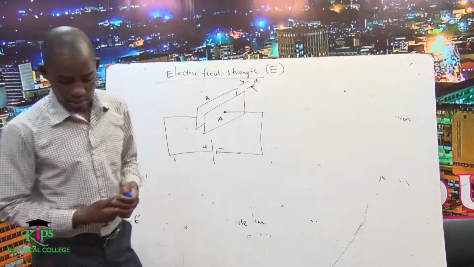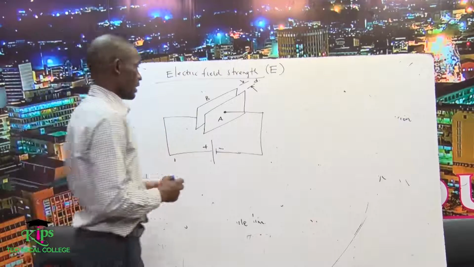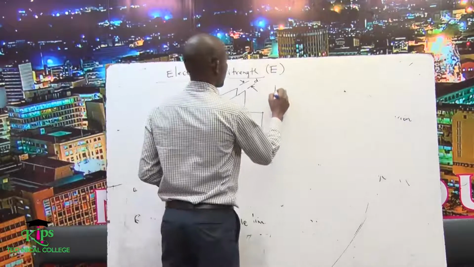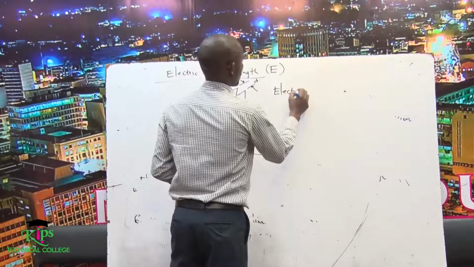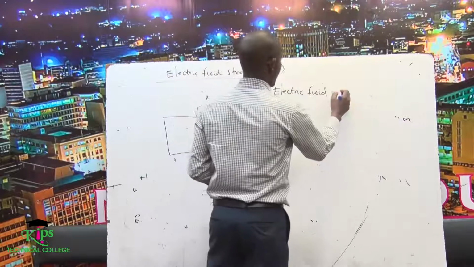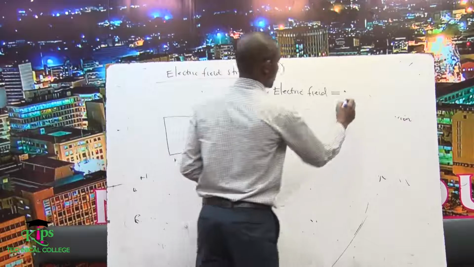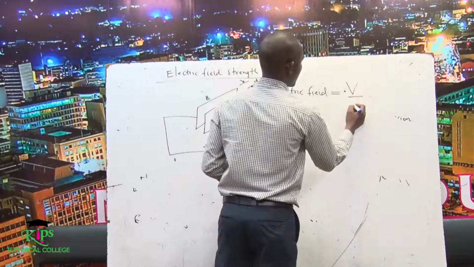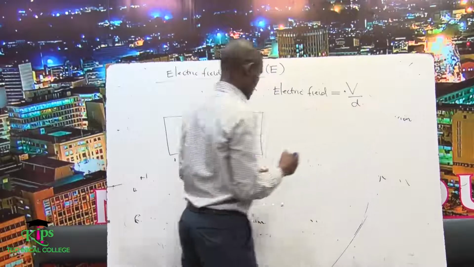So we could say that the electric field will be directly proportional to the voltage, but inversely proportional to D.